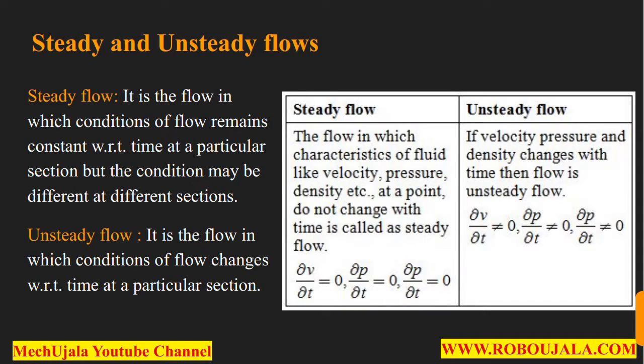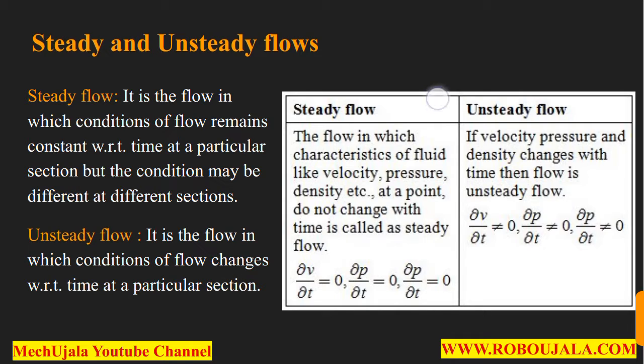Now, what is steady and unsteady flow? Steady flow is the flow in which the condition of flow remains constant with respect to time at a particular section, but the condition may be different at different sections. In unsteady flow, the condition of flow changes with respect to time at a particular section.